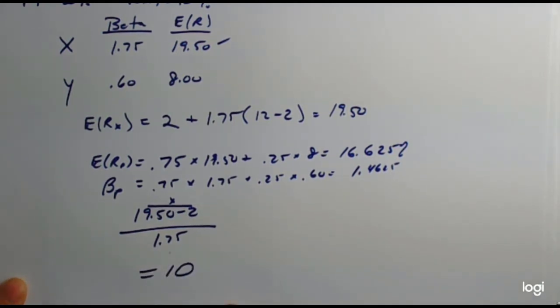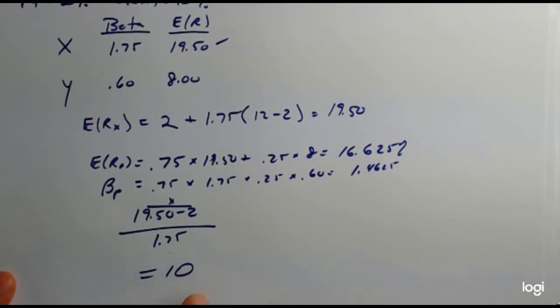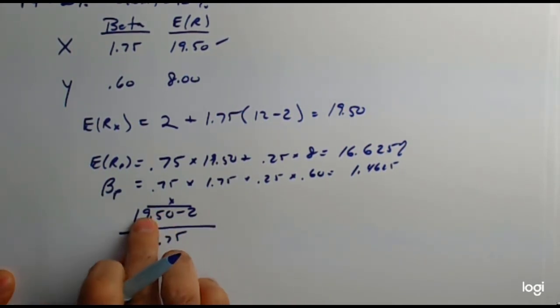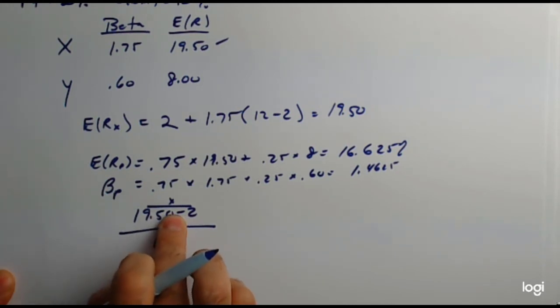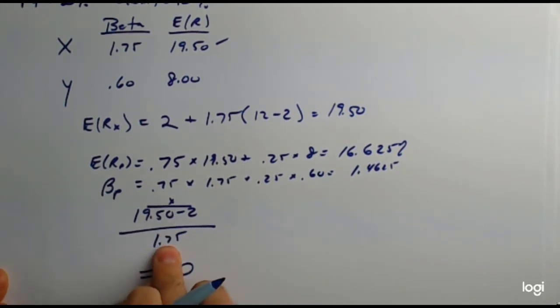That is a reward to risk ratio of 10. So for every unit of systematic risk you take, you get a 10% risk premium. This top part is the risk premium for stock X.